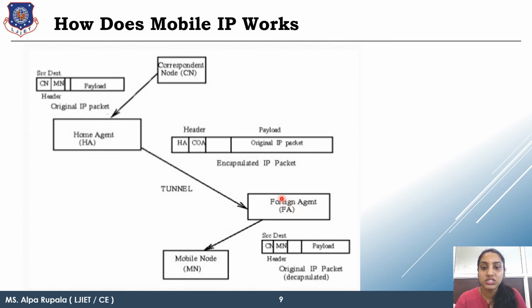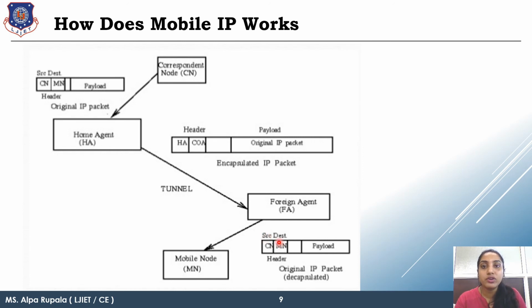Now the foreign agent's task is to identify whether this packet is for the home network node or for the foreign network node. How will it identify? It will be identified by the packet structure, which has the protocol value equal to 4. Then it is the IP within IP encapsulated packet.